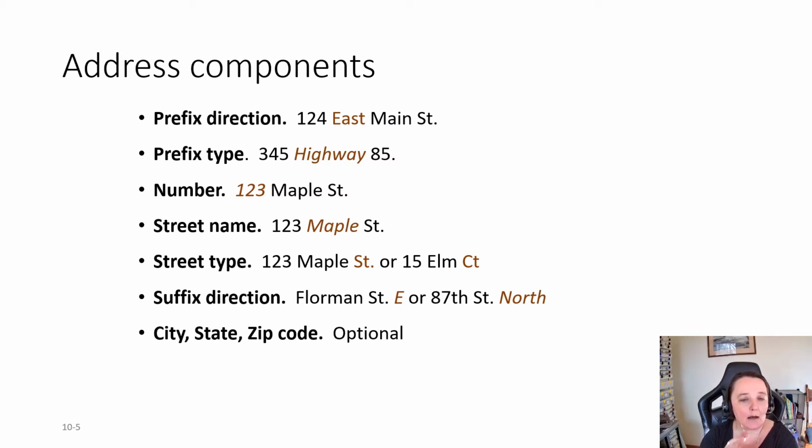You have the number of the street address, the street name, and the street type, so it could be road, court, avenue. And then there can also be a suffix direction. So it's kind of complicated for the computer to understand what all of these various pieces of the address mean. And then often there's the city, state, and zip code included as well.